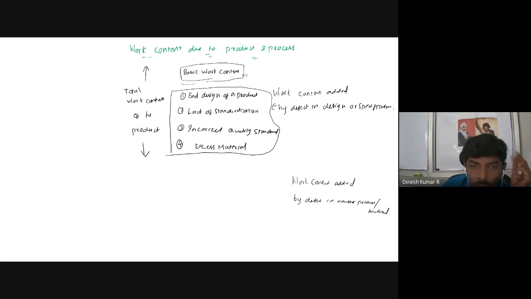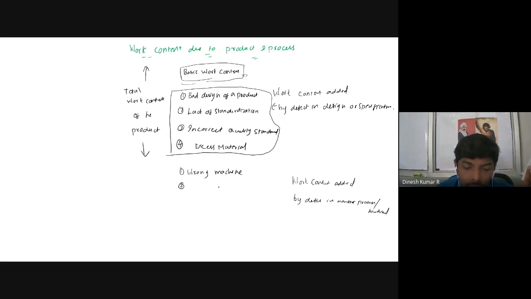Alright. So the first thing will be, if you choose a wrong machine, of course the manufacturing process is going to be defective. Whatever you do, if you choose a wrong machine, of course whatever the final required output you want, you will not get.